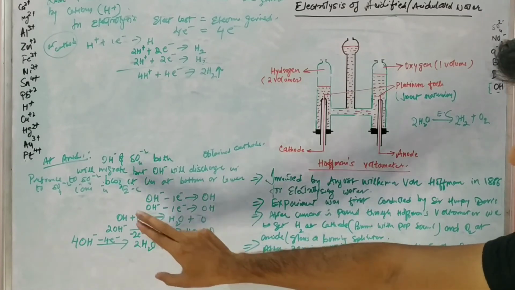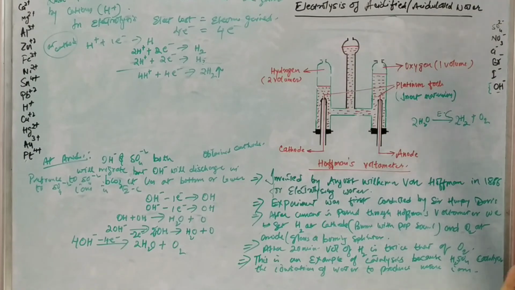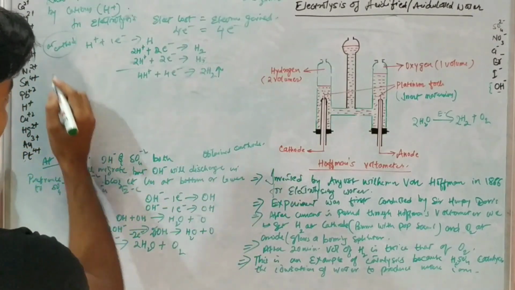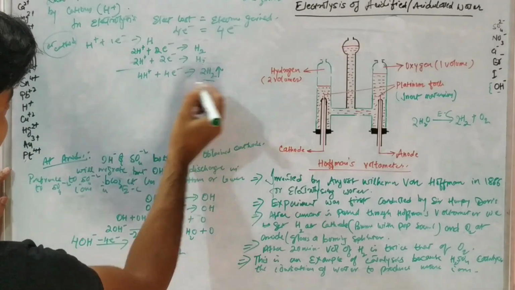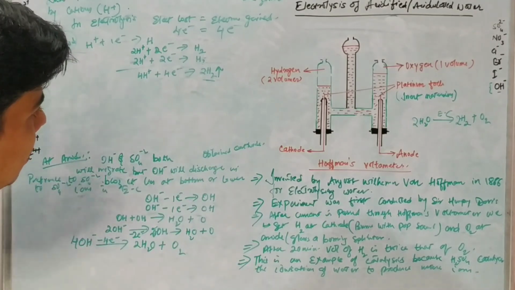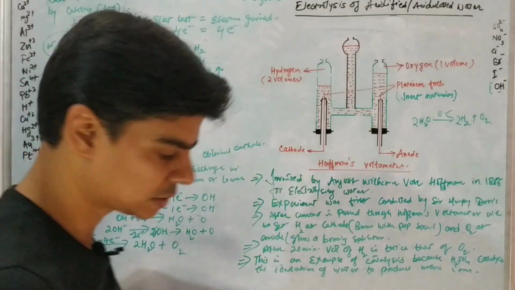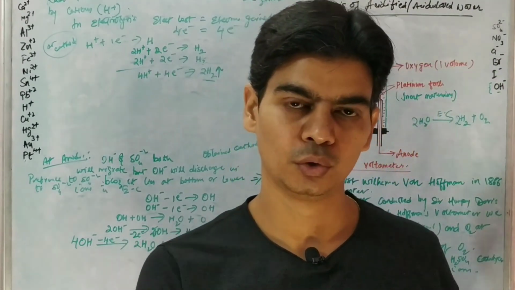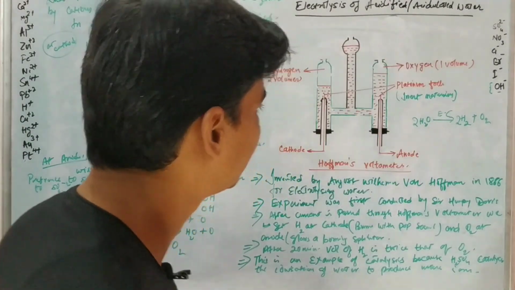And here 4 OH ions lost 4 electrons, forming 1 oxygen molecule, right? So this is very important. So we write it over here that this also proves one thing, that water consists of 2 volumes of hydrogen and 1 volume of oxygen, right?